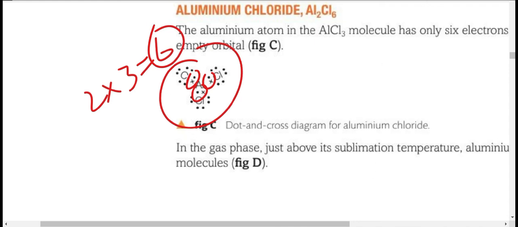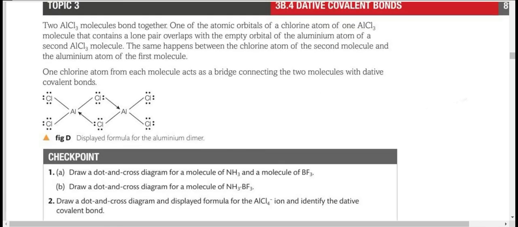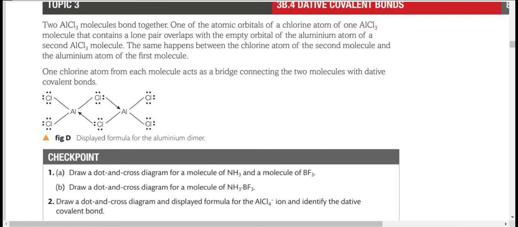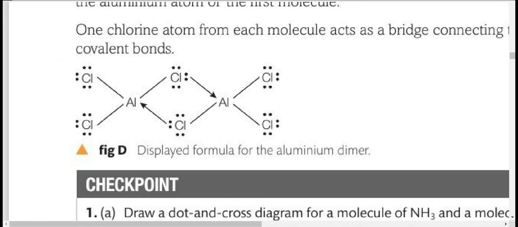Then we worked on the dimer, which I think is given here. Yes, see, this is the dimer now, already explained in my previous lecture. You can see this is a normal covalent bond, dot and cross, dot and cross, dot and cross. Then the 2 dots are provided here.